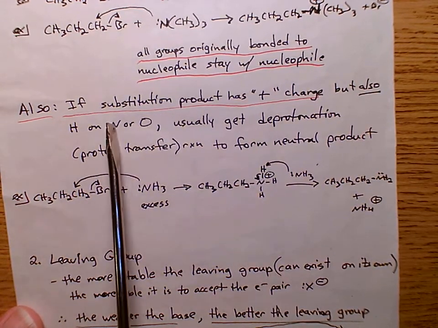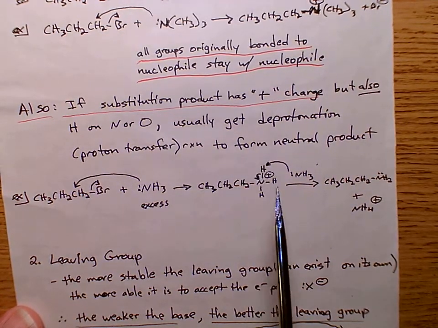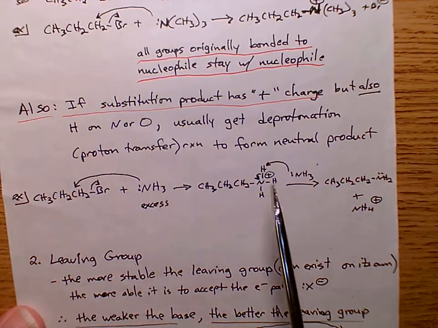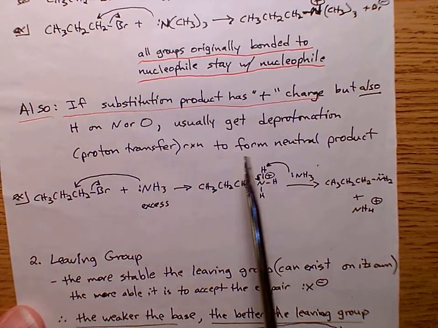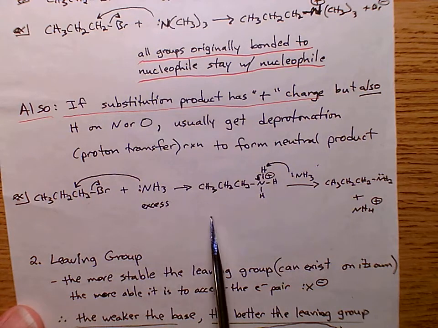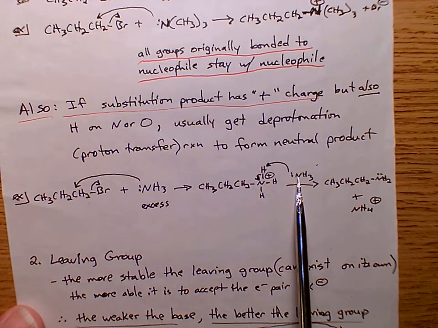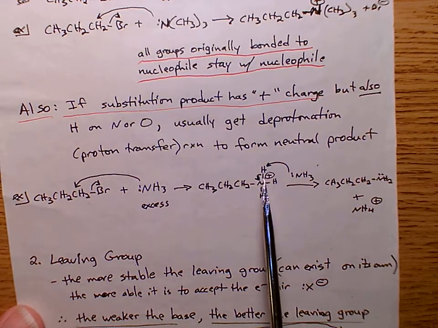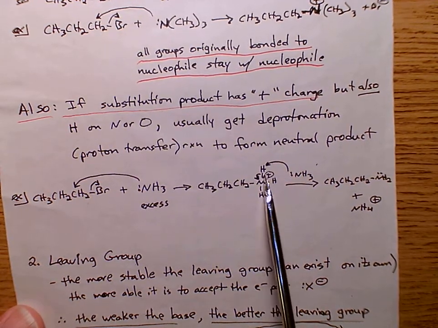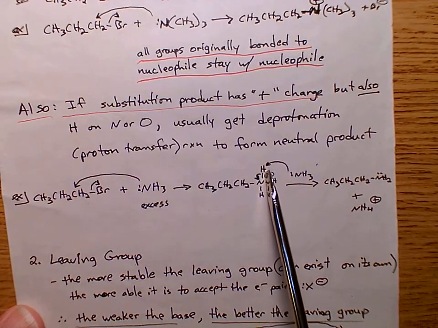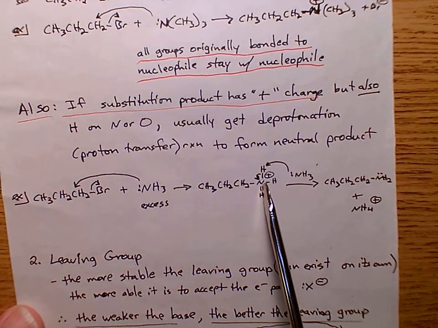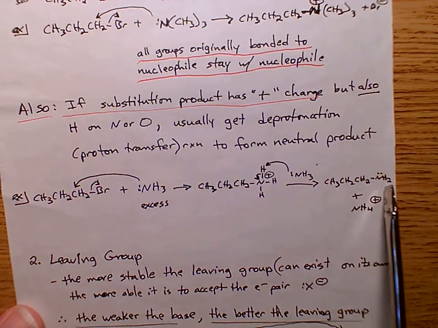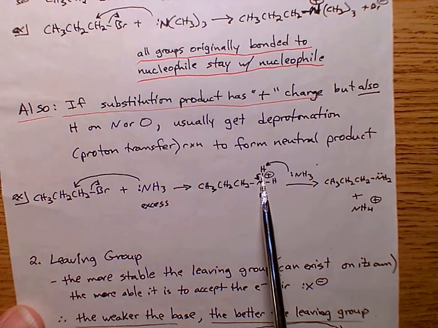So we're up at this rule. If a substitution product has a positive charge, yes, but also has a hydrogen on nitrogen or oxygen, yes, hydrogens on nitrogen, we'll get a deprotonation reaction to form a neutral product. The extra NH3 will act as a Bronsted base, come in, snag this hydrogen, the nitrogen-hydrogen bond will break, both electrons will go onto the nitrogen, and we'll end up with CH3CH2CH2NH2, and this lone pair came from this bonding pair.